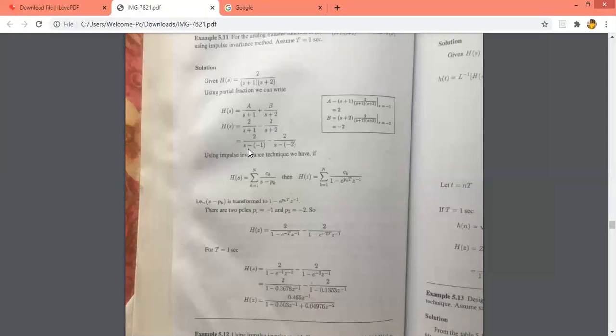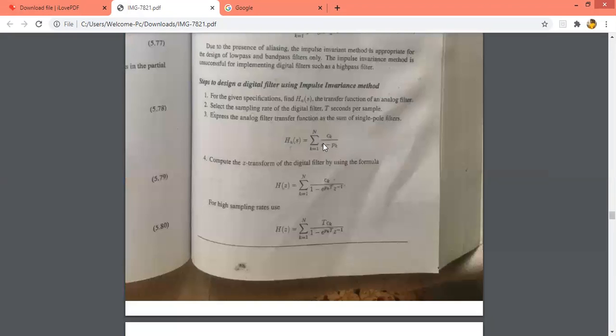Just now I told you, here you should have s minus pk. Here you have s plus 1, so we write it as s minus of minus 1, and minus 2 by s minus of minus 2. Just now we told that Ck by s minus pk should be replaced with Ck by 1 minus e power pkT z inverse.